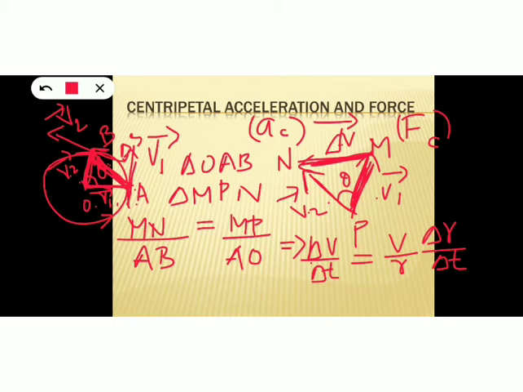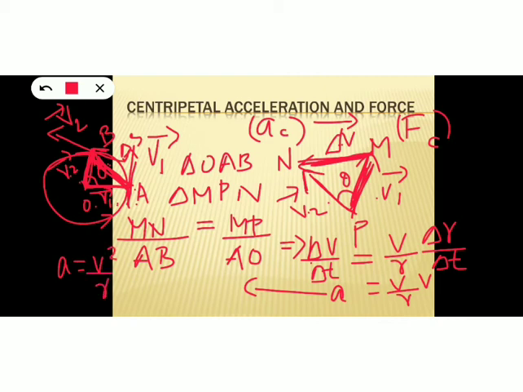Delta V by delta T is change in velocity by time, and you know change in velocity by time is acceleration A, equal to V by R into, what is delta R by delta T? Delta R by delta T is displacement by time, or change in position by time, and displacement by time is nothing but our velocity V. So you will get acceleration A is equal to V square by R.